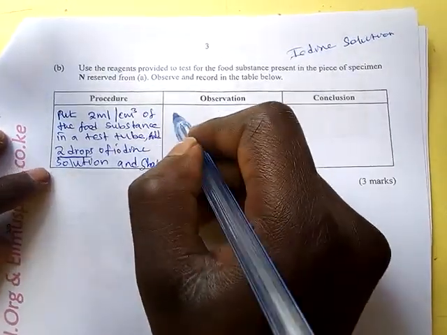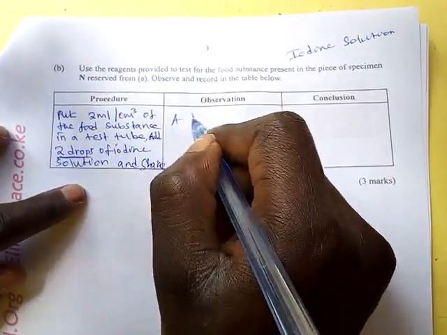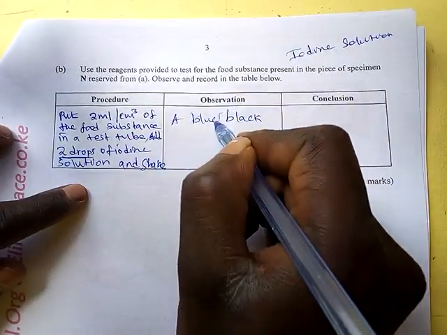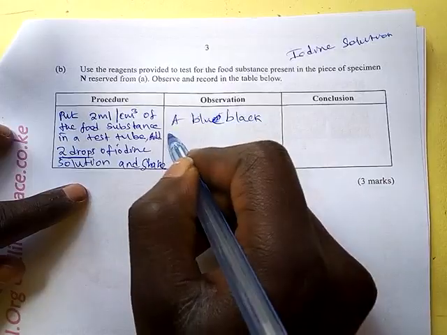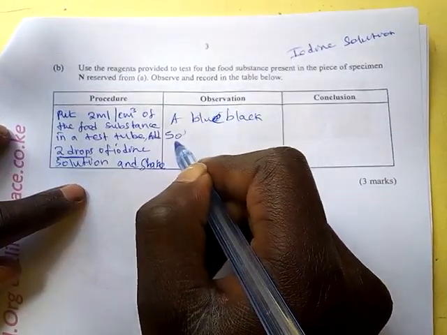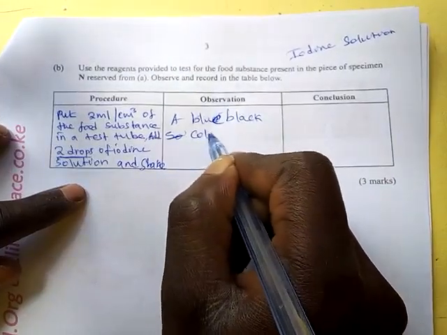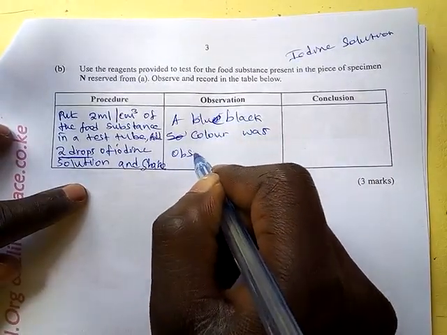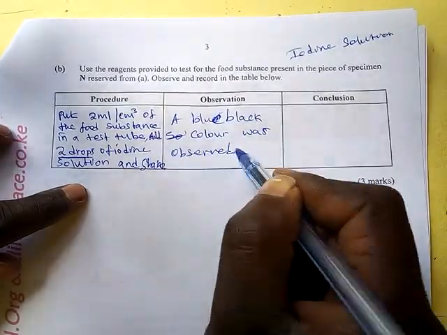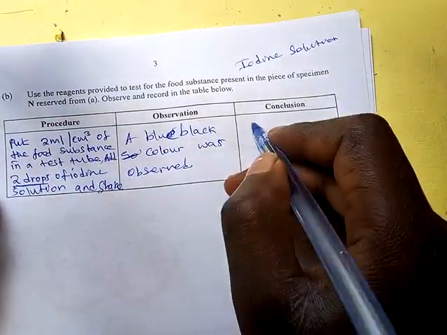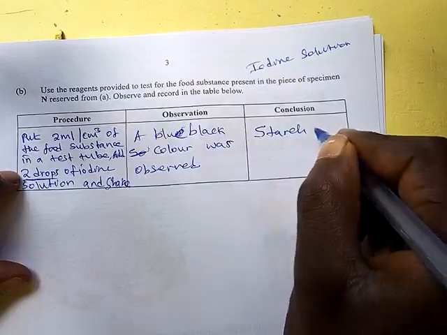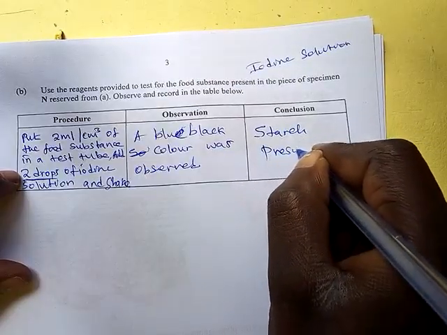The observation will be a blue black solution, a blue black color was observed. Now automatically the conclusion is starch present.